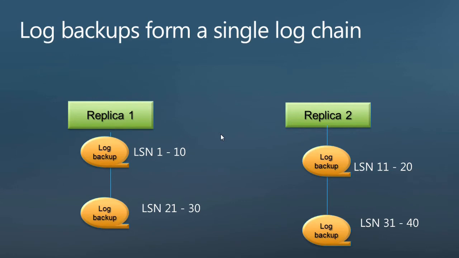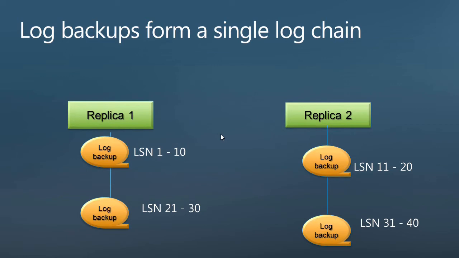Getting back to the non-overlapping log backups, if we have a simple two replica configuration, we have log backups that alternated between them. So the first backup was done on replica 1, the next on replica 2, the next replica 1 again, and the last one back on replica 2.